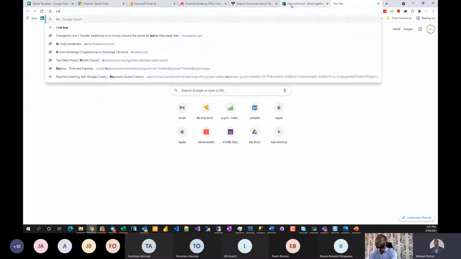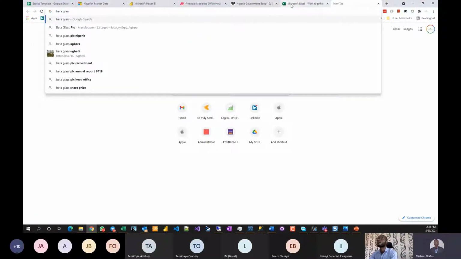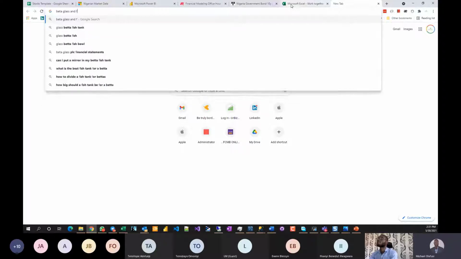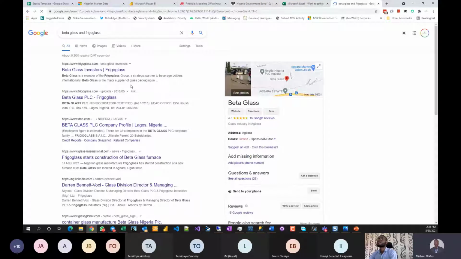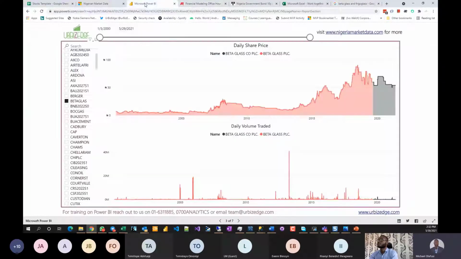Yeah, so Frigo Glass is the parent company, and Beta Glass is the name it's called in Nigeria. So great, they manufacture all your bottled stuff, be it Coke, beer, all those things. They just have the monopoly. I don't think they have any significant competition.